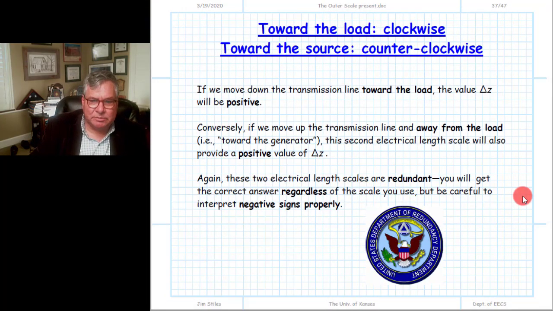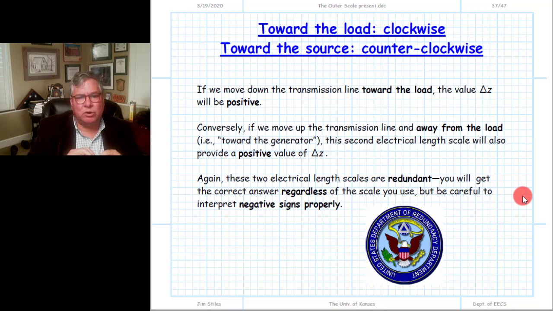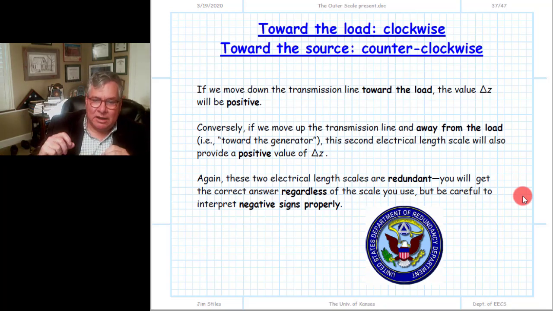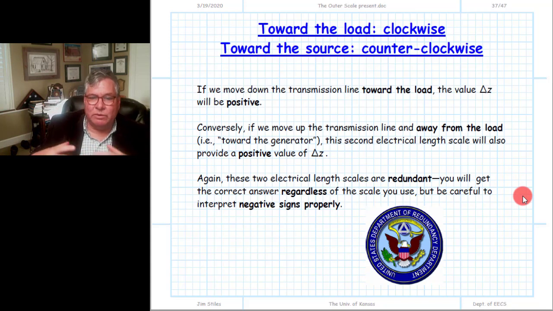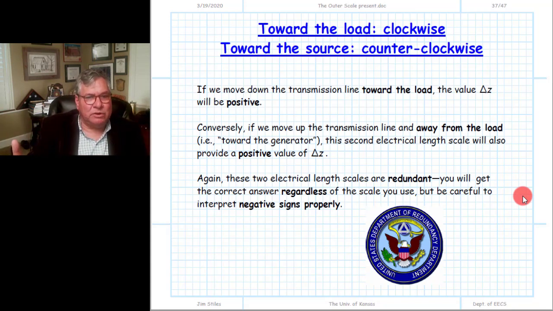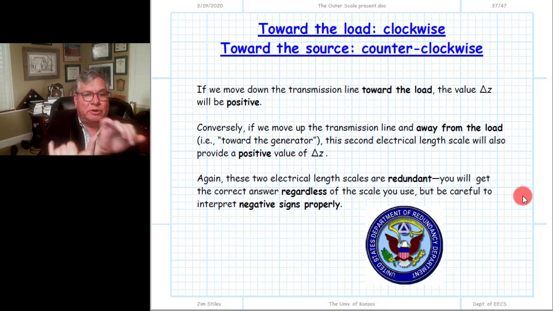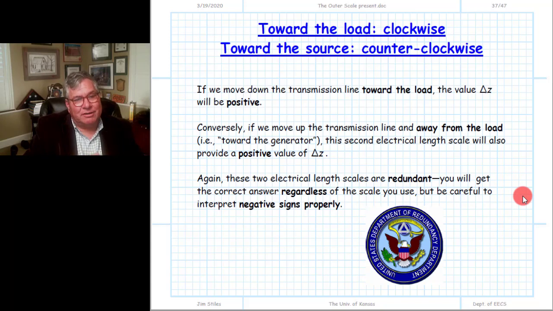So with respect to a transmission line, as we move toward the load, the index Z is increasing, and we are moving, of course, in a counterclockwise direction. With this new index, where we increase value as we move toward the generator, in other words, away from the load, effectively what we're doing is reversing the direction of our index.